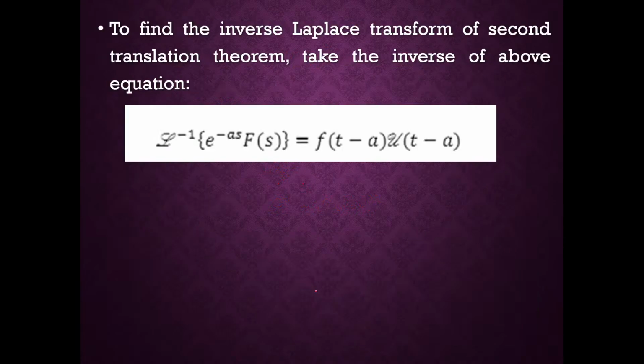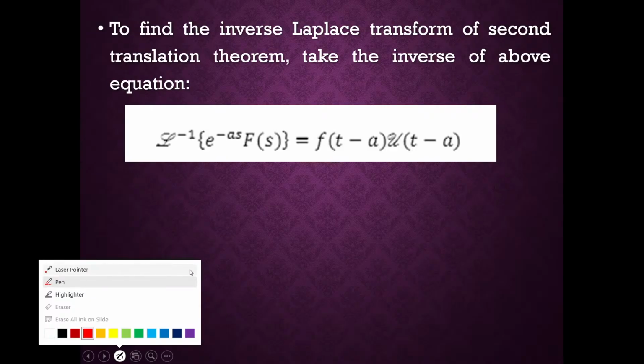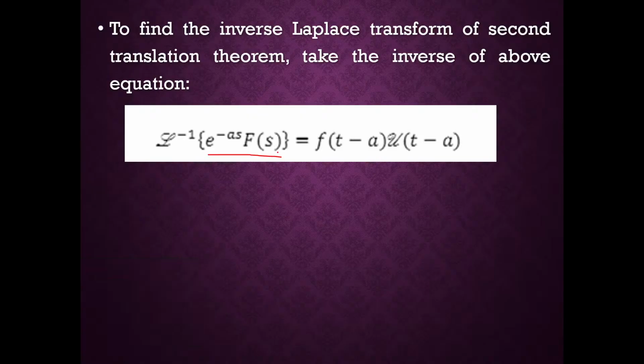Okay. So now, if you have the Laplace transformation value, that is e power minus as f of s, and if you want the time domain, you just take the inverse Laplace. If you take the inverse Laplace, you will get f of t minus a, u of t minus a. That's it.